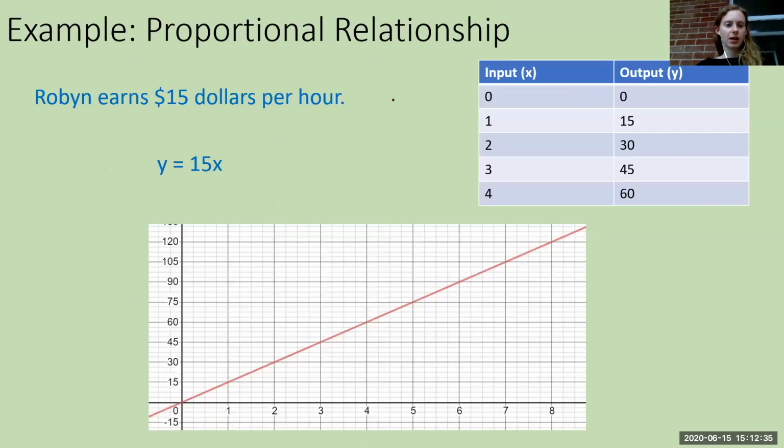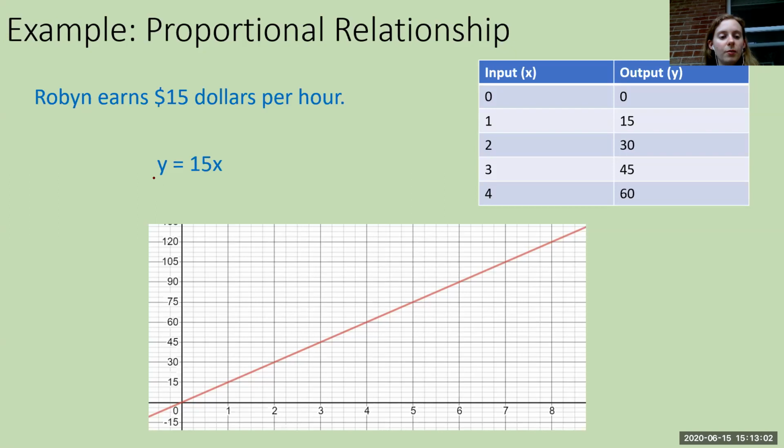Okay, let's look at an example of a proportional relationship. Now this example should be very familiar to you if you saw last week's class. We talked about Robin and her hourly wages quite a bit last week. So we've got this situation where Robin is earning $15 per hour. So we can represent that with an equation.